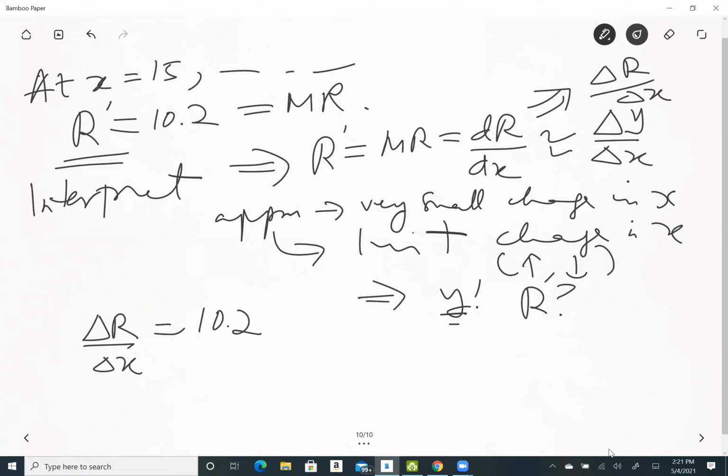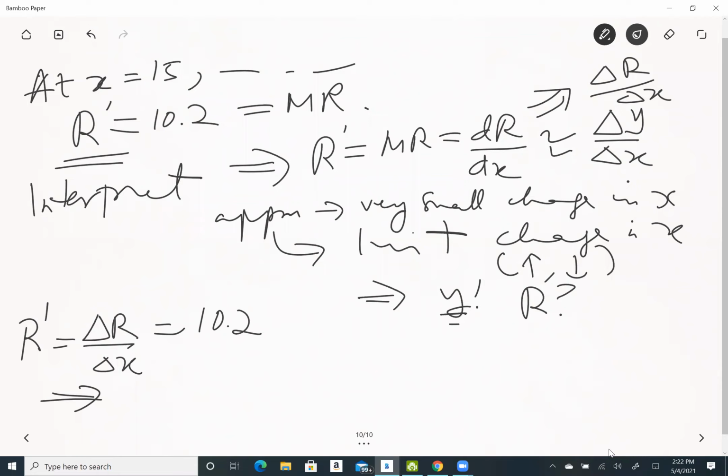Now, how do you interpret this thing here? Anybody still recall that? How do you interpret in terms of 1 unit increase in the x? When x increases by 1 unit, the revenue will increase by 10.2.